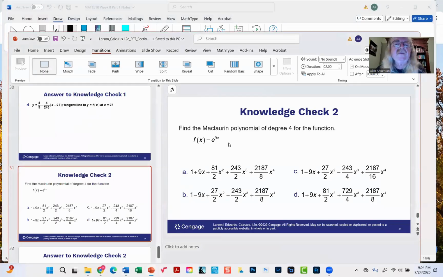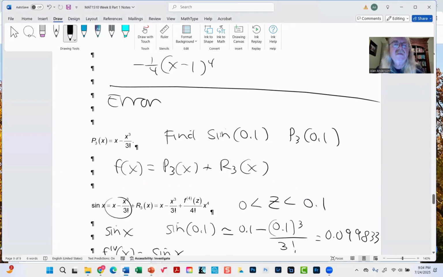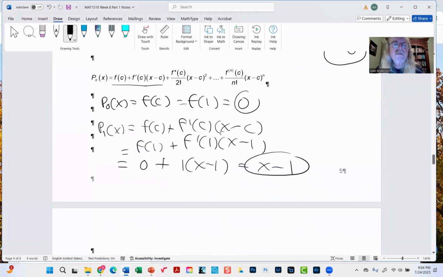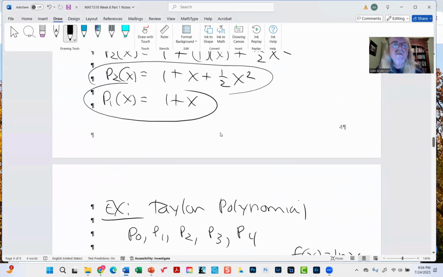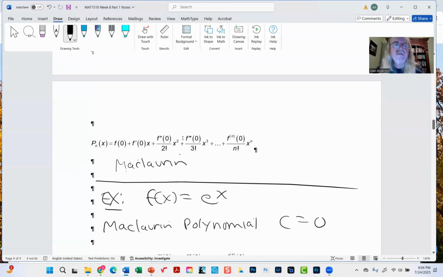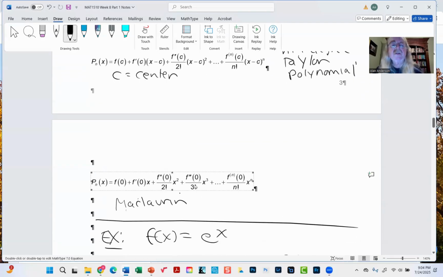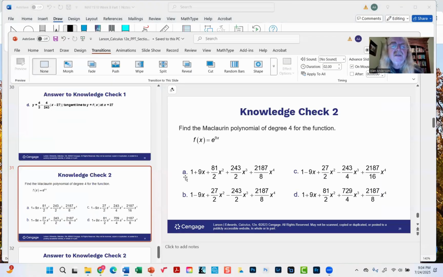Now let's go back and get the formula for the Maclaurin polynomial. From way here is, yeah, because it's understood when Maclaurin the center is 0, so it ends up being written like this. Okay.